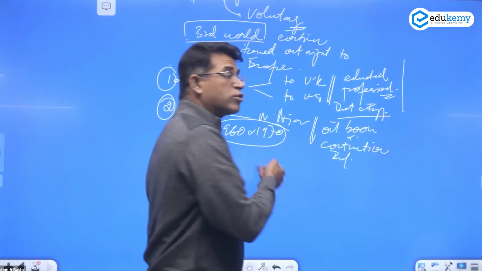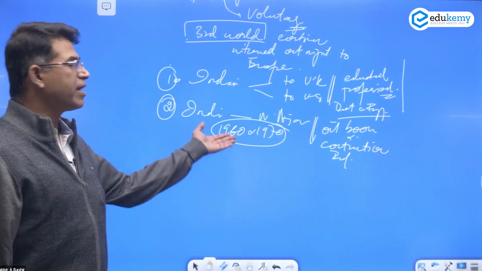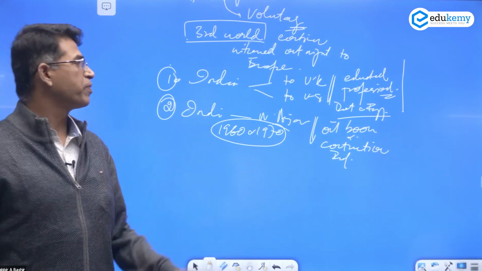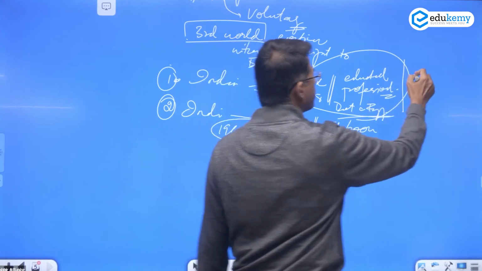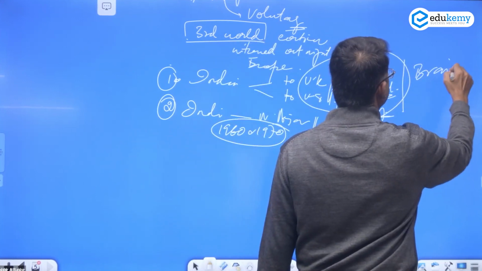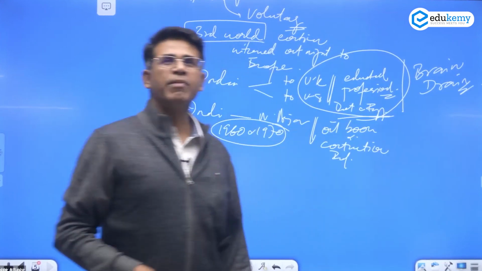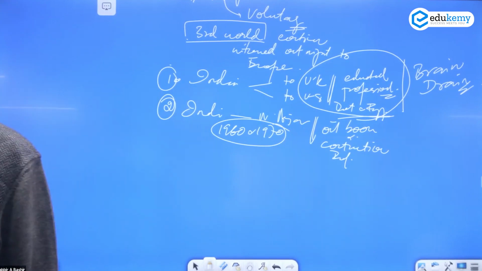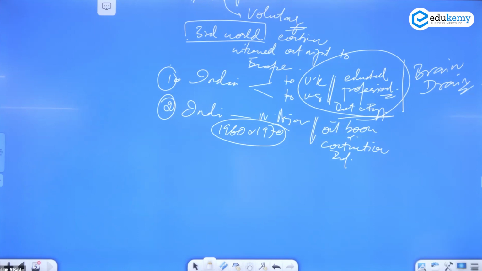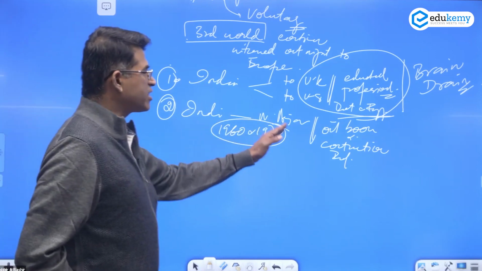These are the ones who become sojourners, correct. They ultimately are referred to as sojourners now. Yes, you're right. A lot of people refer to this migration as the brain drain. Yes, the migrations of the educated professionals to US and UK has been referred to as the brain drain. And this was towards West Asia.